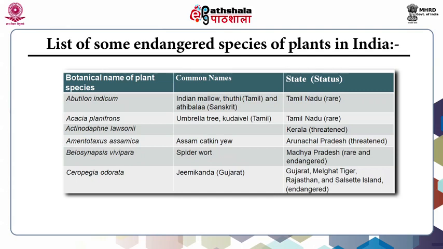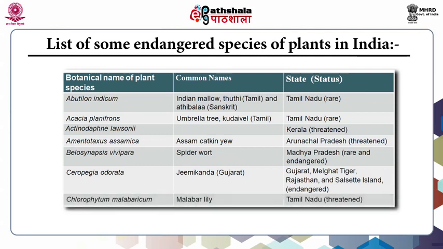Then Jacaranda, this name is in Gujarati. This plant is found in the states of Gujarat, Rajasthan and Salsette Islands and its status is also endangered. Then Malabar lily, found in the state of Tamil Nadu, its status is also threatened.